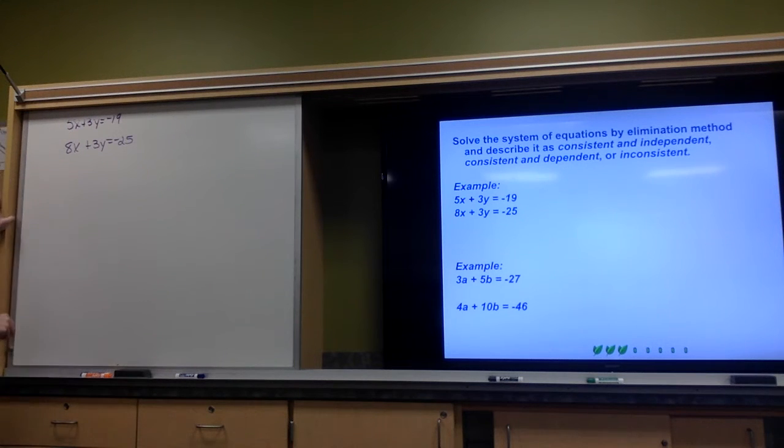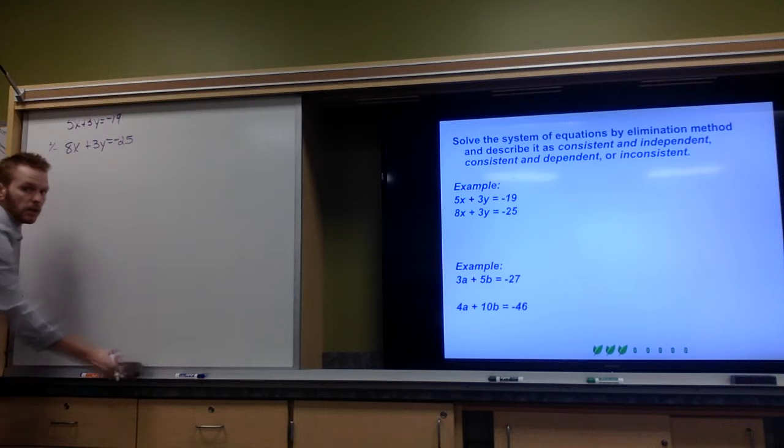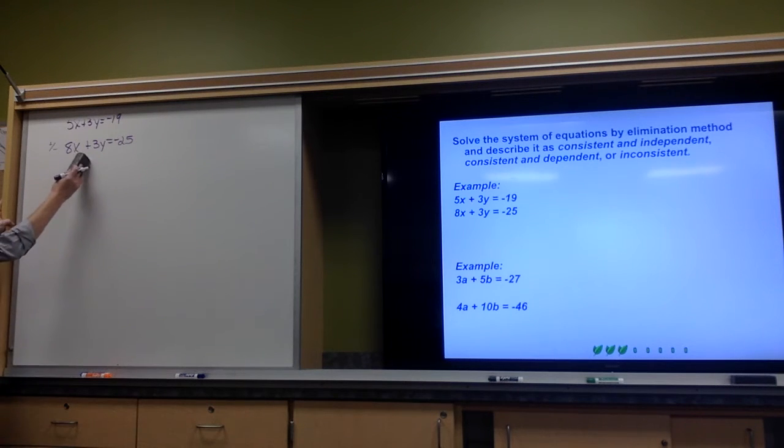So let's look at this guy. The goal is we're going to eliminate a variable, and this is how we're going to do it. We're either going to add or subtract these two equations together, all right? And the goal is an x or a y is going to be gone. Now, currently as we stand, if I add these two together, nothing's being eliminated. If I subtract them, I think we do have something here, right?